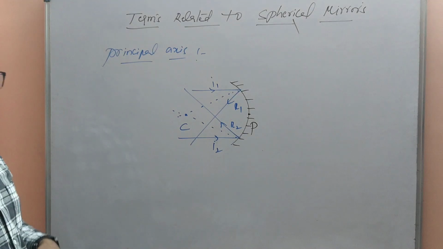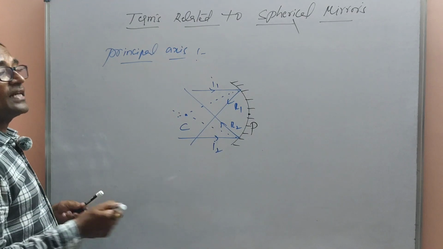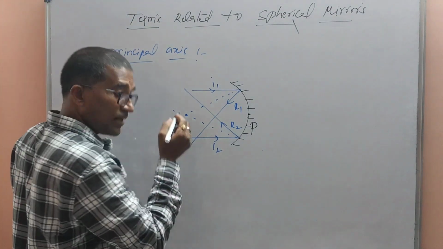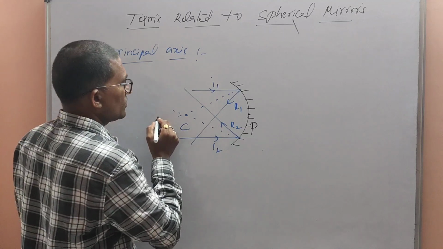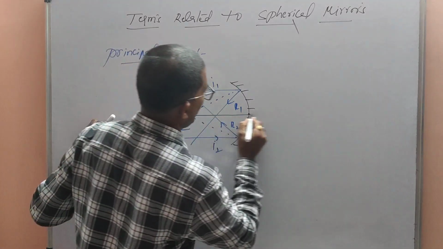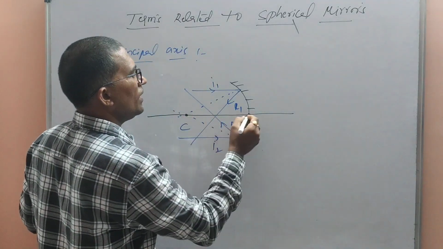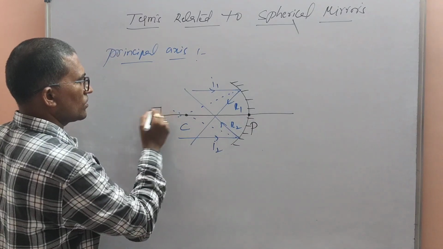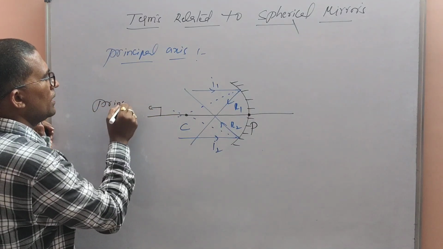Then what is the meaning of principal axis? The horizontal line which passes through the center of curvature and the pole of the mirror is called the principal axis.